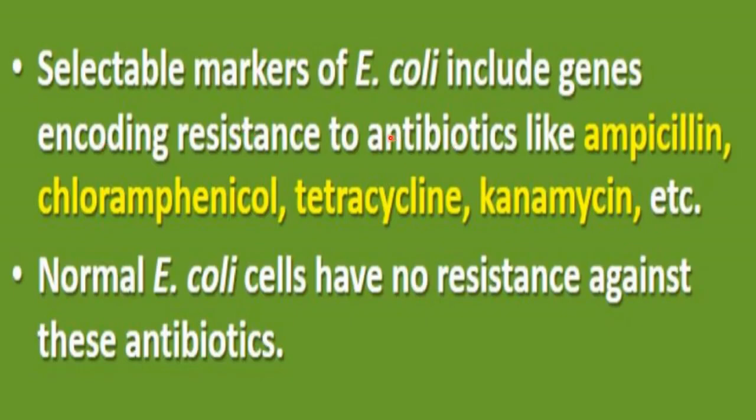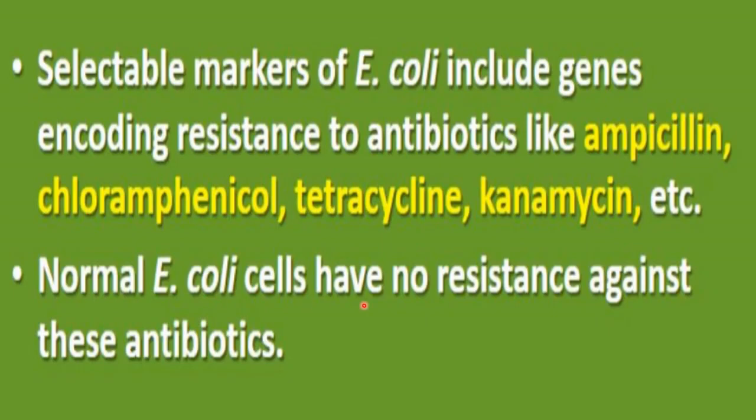The genes which provide antibiotic resistance power to that plasmid are used as selectable markers, like the ampicillin, chloramphenicol, tetracycline and kanamycin resistance genes. So genes responsible for providing the resistance power against these antibiotics are used as selectable markers.